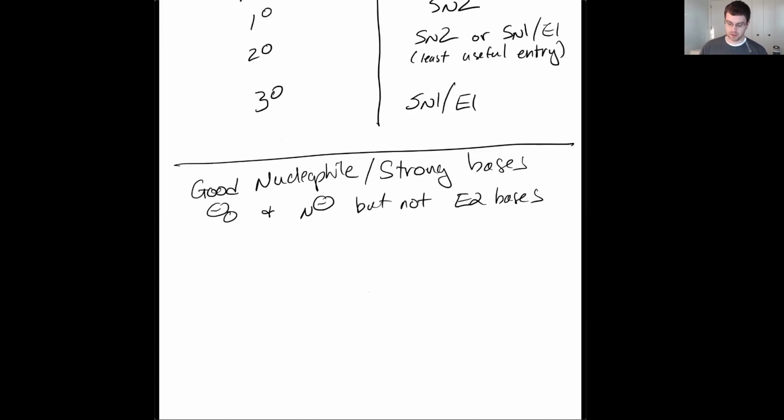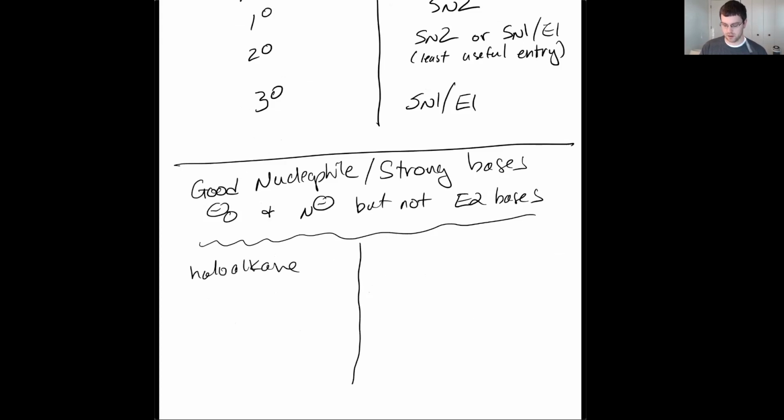So with that in mind, what we should notice about these is that the reaction actually changes. So for our haloalkane and our good nuke, which is also a strong base, what we want to do is recognize that there's a switch.